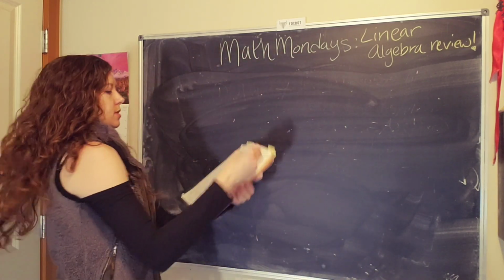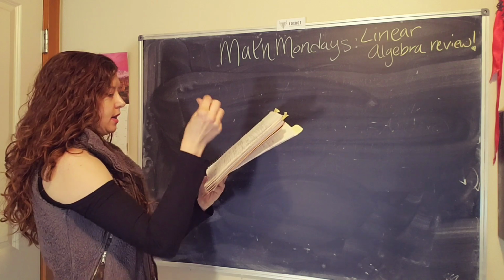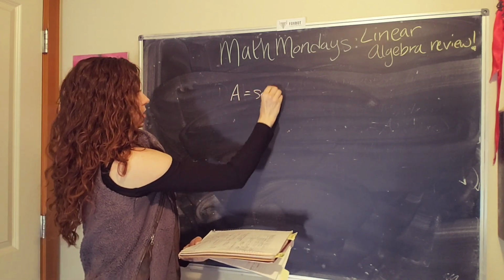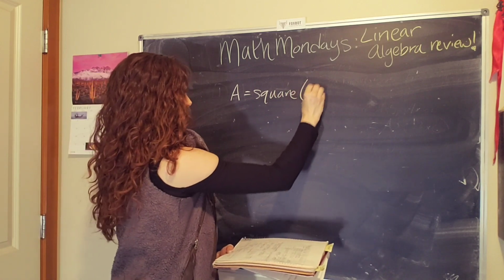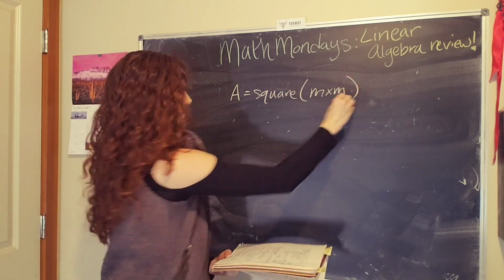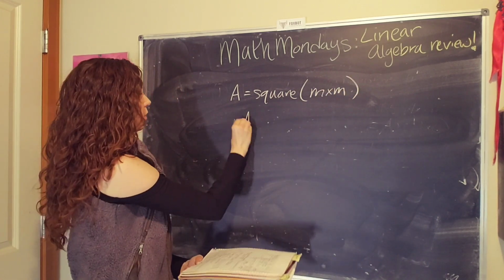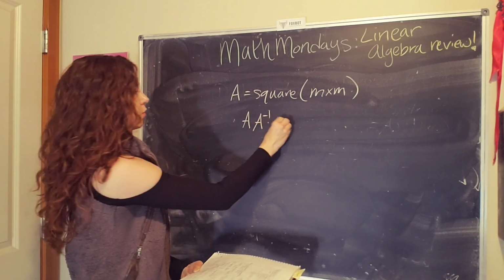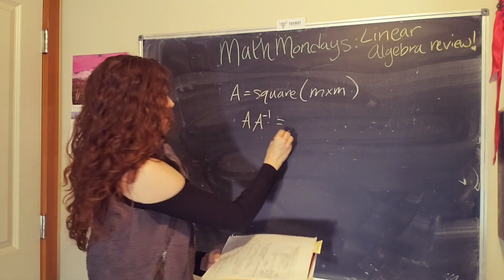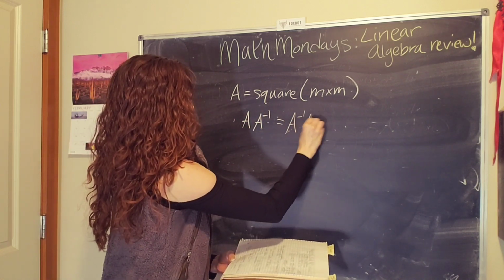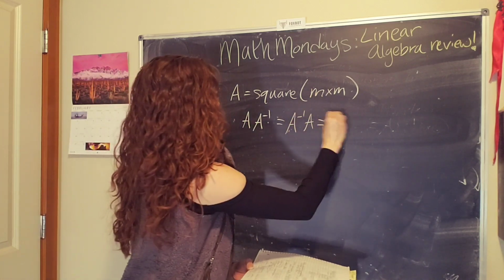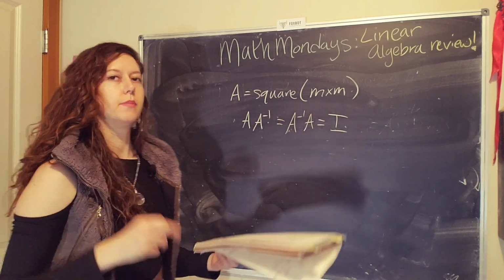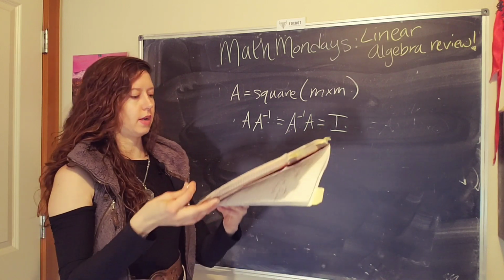Inverse matrix. Okay, so if A is square, so m by m, then multiplying it by its inverse, which is represented with this little -1, is the same as doing this, and it equals the identity matrix. So only square matrices have inverses.